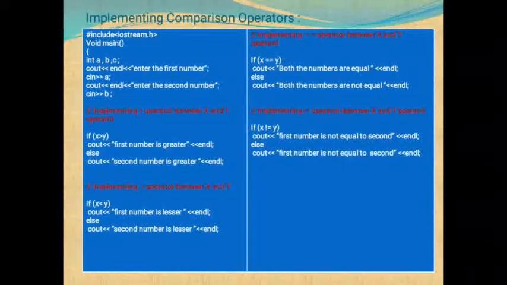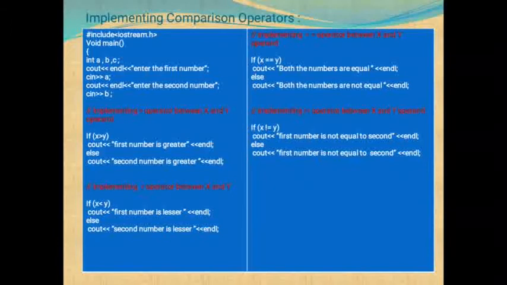Greater than or equal to returns true if the value of the operand you are comparing is greater than or equal to the value of the right side one, otherwise it is false. Less than or equal to returns true if the value of x is less than or equal to the value of the right side operand, else false.